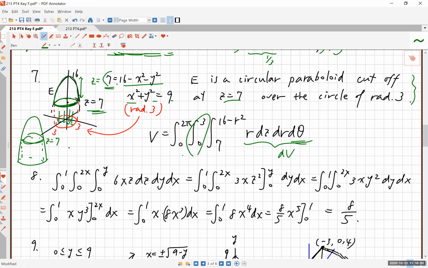R, as we said, goes from 0 to 3, because if you look at this from the top, it is going to be the radius 3 circle. And Z goes from, not from 0, right, from 7 to the point where you hit the paraboloid, which is 16 minus r squared. So that is your answer.